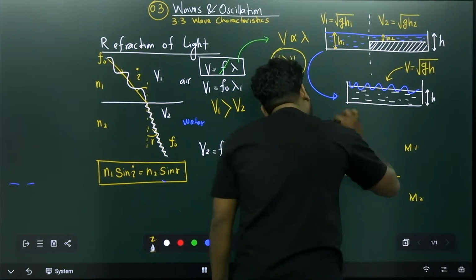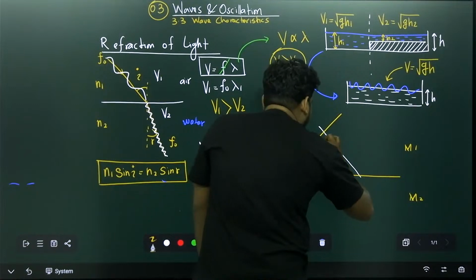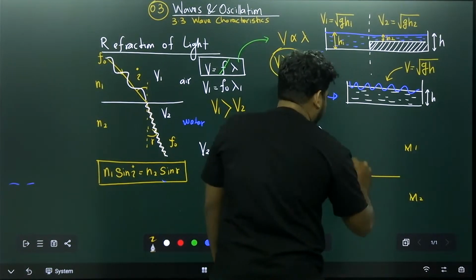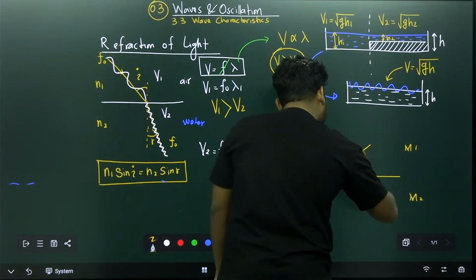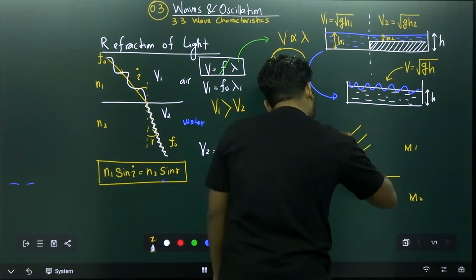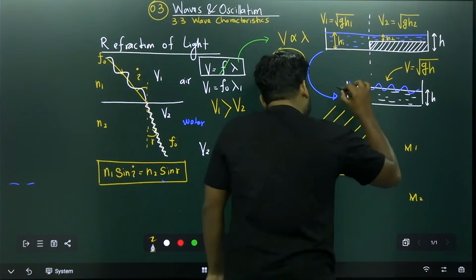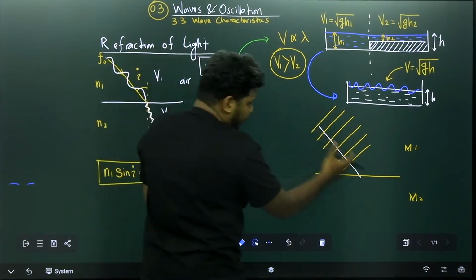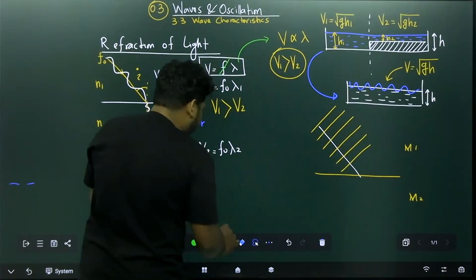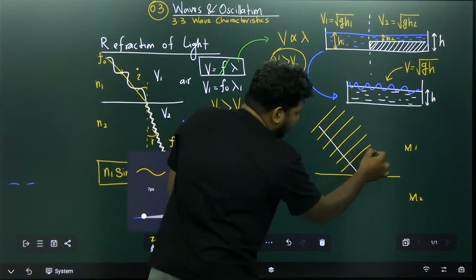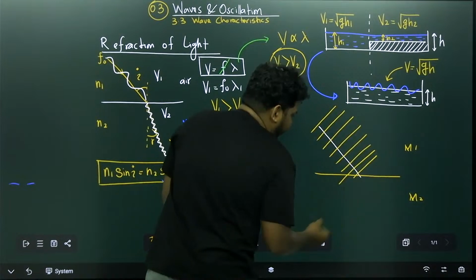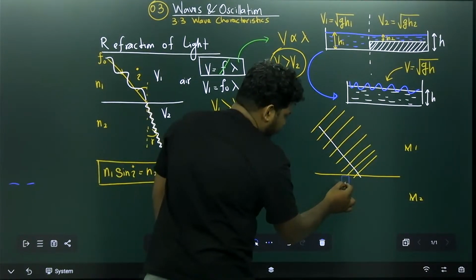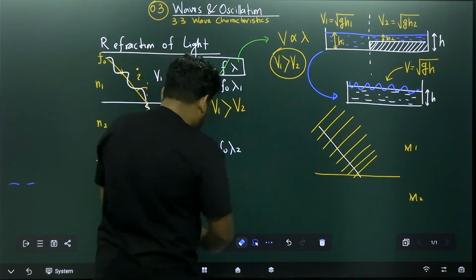I'm going to draw the parallel wave fronts. So the parallel wave fronts look like this. These are the parallel wave fronts here, coming in this side. We already studied the wave fronts earlier. So I'm going to erase this one. Okay, something like this.